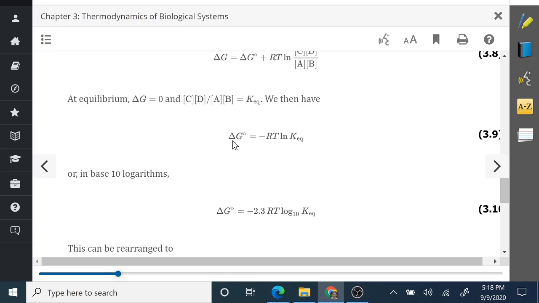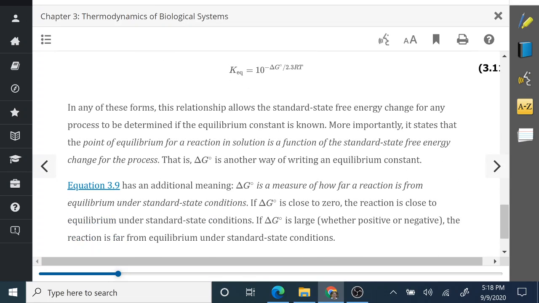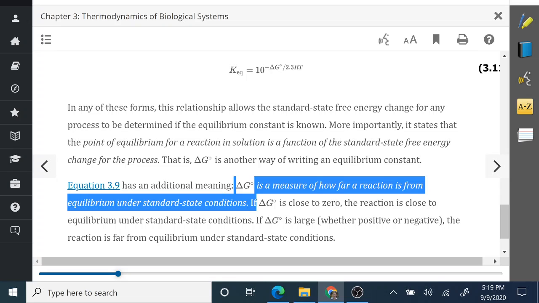So delta G is a measure of equilibrium conditions for our system. Delta G naught is a measure of how far from equilibrium our reaction is under standard state conditions.